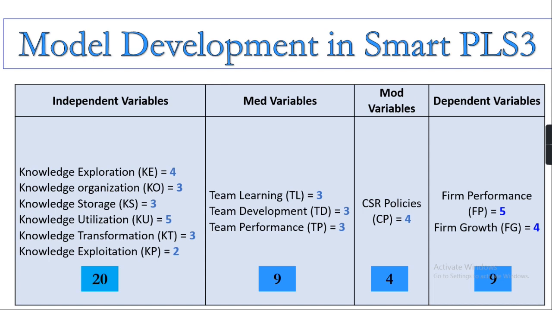In our independent variable case, we have overall 20 items, which we further divided among our 6 independent variables. Similarly, we have 3 mediator variables, so overall 9 items for all these 3 mediator variables. The moderator variable has 4 items, and our dependent variables have overall 5 plus 4 is equal to 9 items.